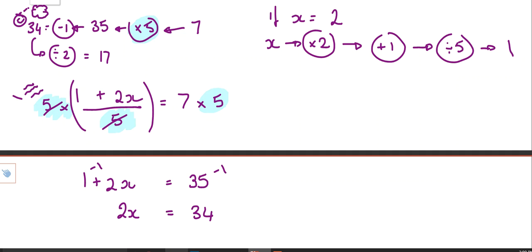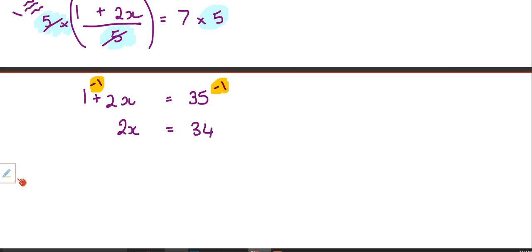So that bit is like the minus 1. And then we've got to do the final bit, which in my head is divide by 2, which gives me 1x equals 17. So that's the divide by 2 bit.